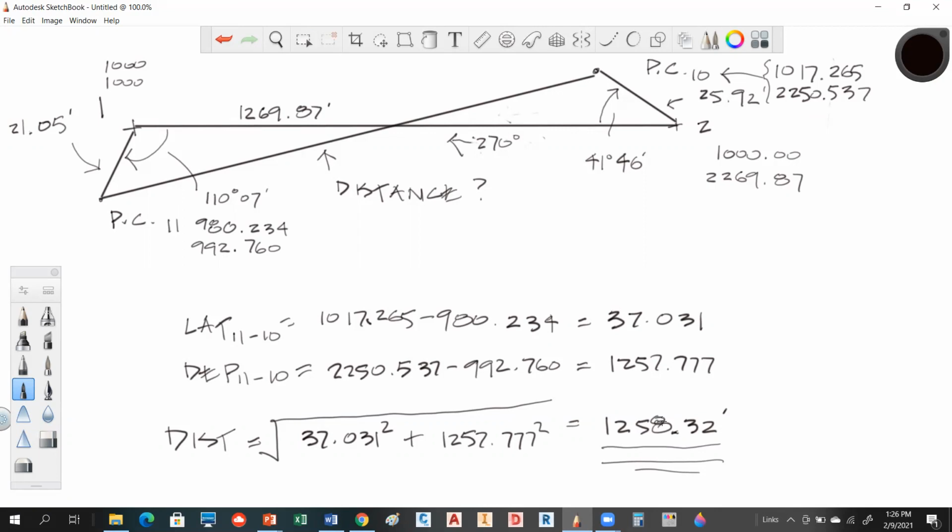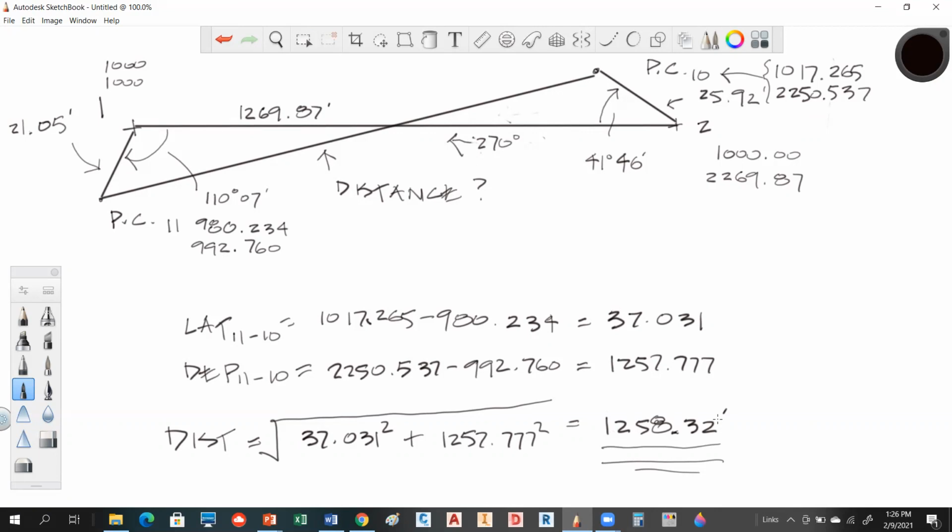How can we determine the direction just from those 2 points using the coordinates? Well, you mean when this 270, you mean up here? Well, if we were just going to use the inverse routine for those 2 coordinate points, and that's all that we had, would we be able to do that? Well, if I can get a distance, no problem, right? That's going to be what it's going to be.